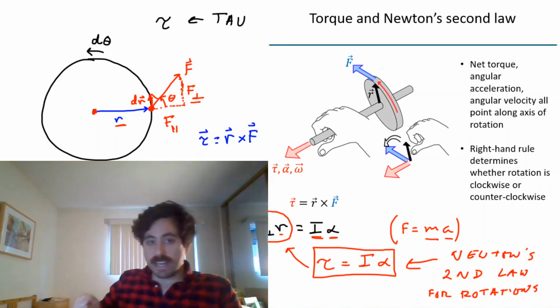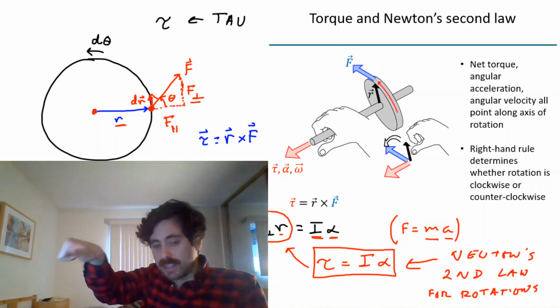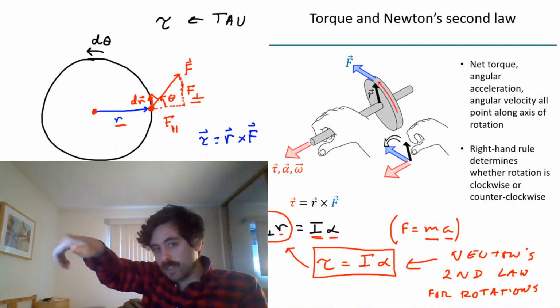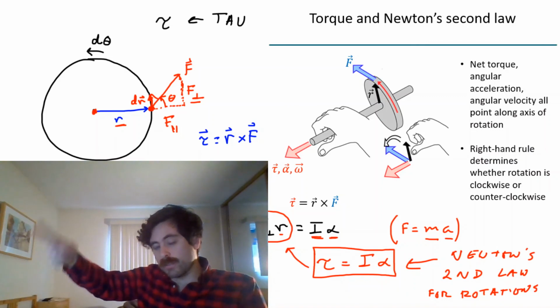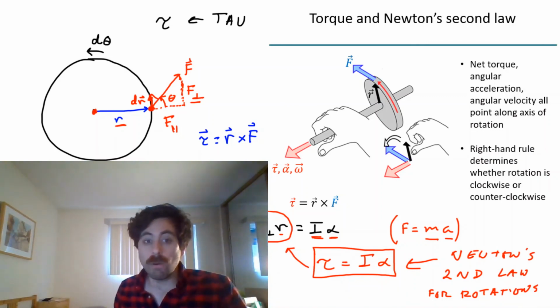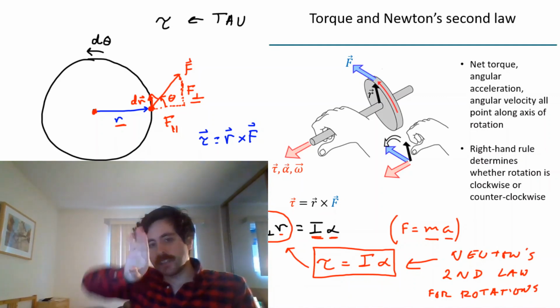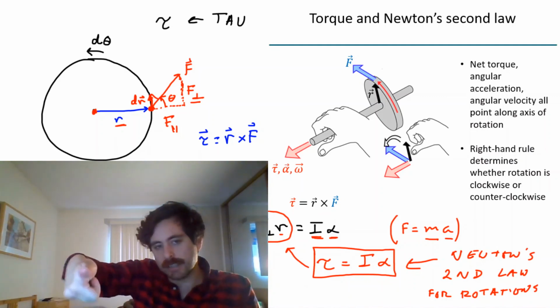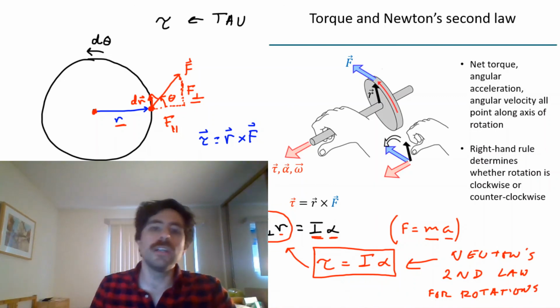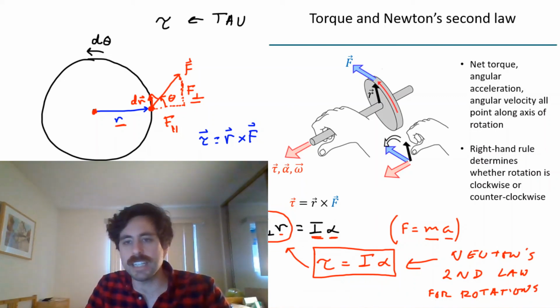So in general, if I have a torque that points in any direction, I can point my thumb in that direction and my fingers will curl in the direction that that torque will cause something to rotate. Or if I know that my wheel is rotating, say this way, I can curl my fingers in that direction and my thumb will point along the direction of the torque, the angular acceleration, and the angular velocity.